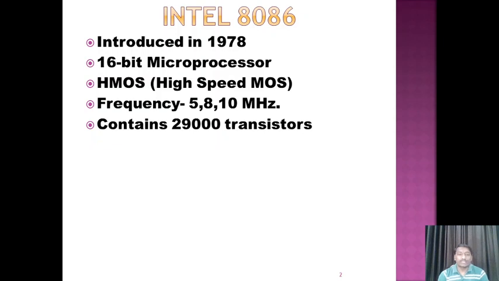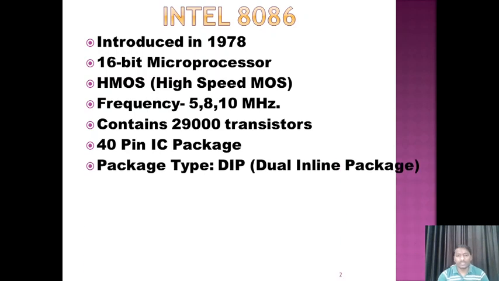And the next one is that it contains about 29,000 transistors. Around 29,000 transistors were used in the Intel 8086 chip. And the number of pins here is also 40, as 8085 also had 40 pins, so this is also a 40-pin IC package. But the type of package was DIP, dual inline package. So Intel 8086 was built on a DIP package, dual inline package of 40 pins.